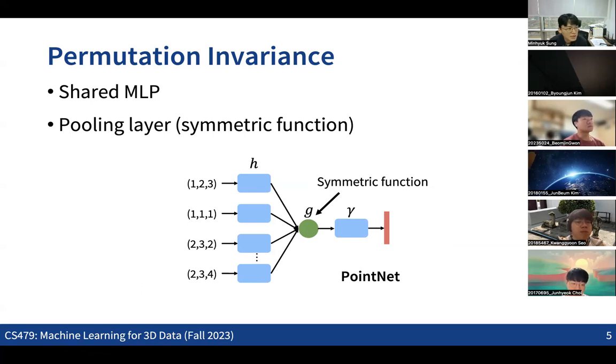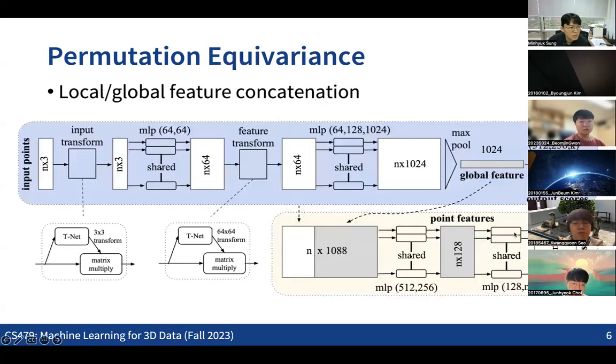That was the basic idea for permutation invariance. And to achieve permutation equivariance, while also utilizing global information of the input point cloud, the idea was simply concatenating the local feature and the global feature, so that we can utilize both the global and the local information while still achieving permutation equivariance. So this was a very simple idea for how we can handle set data using the neural network.